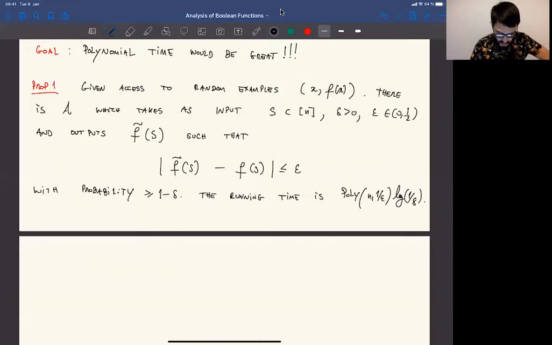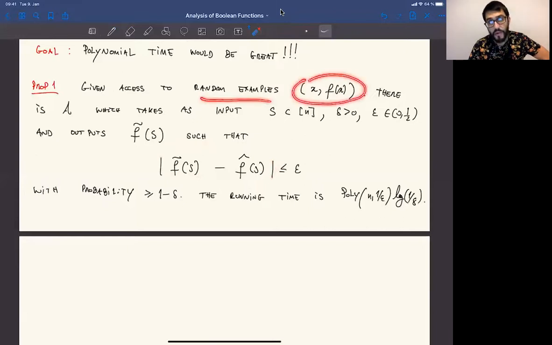So the question here is, I give you some f, and I would like to know how I can approximate the Fourier coefficients of f. This is saying that I can approximate it just by random examples.